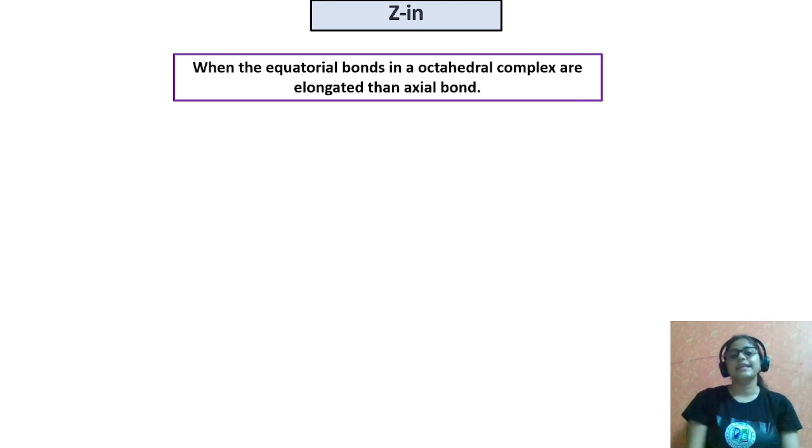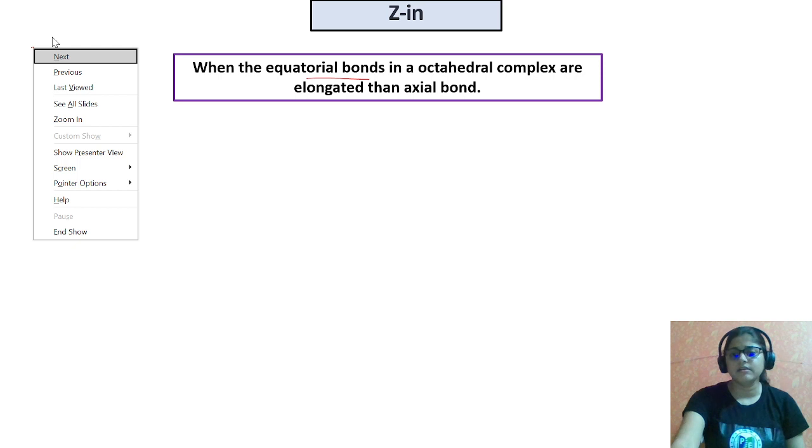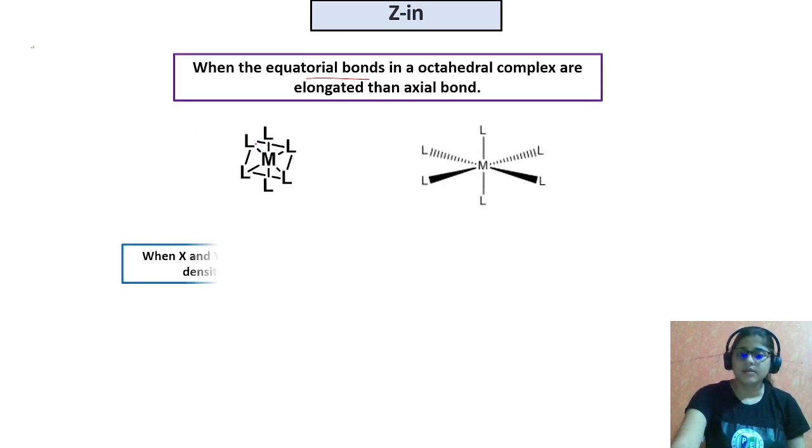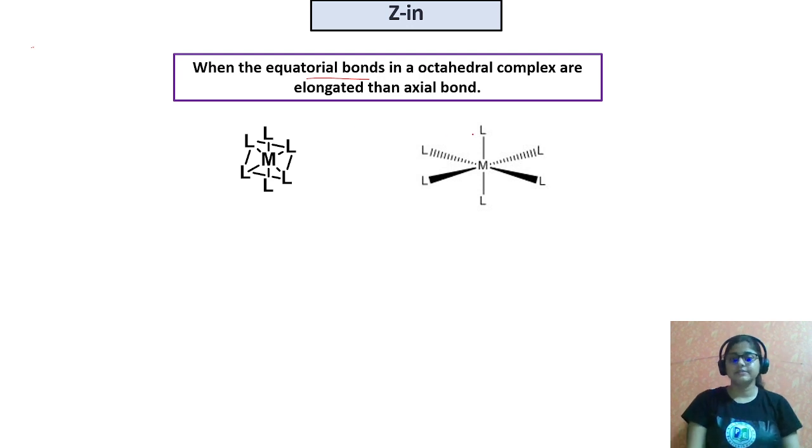In the case of Z in, the bond through the z direction is lesser than the other. Through the z orbital, this will look like this. Seeing the picture, you must be thinking that through z the bond becomes shorter, but that is not the case.